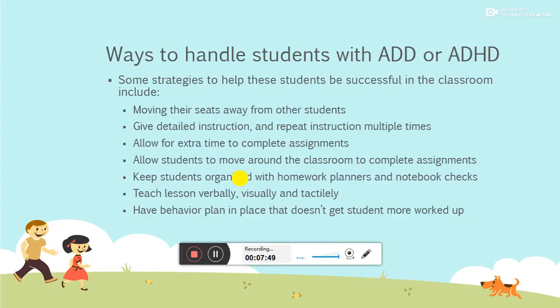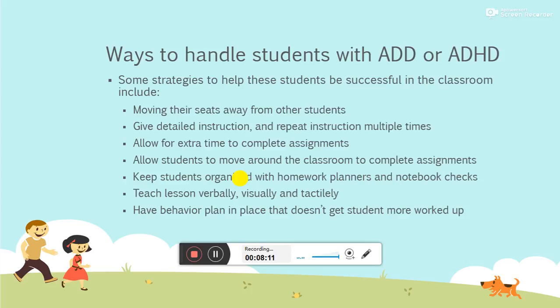So there's a couple of things that you can do to compensate for these issues. One thing is moving their desk away from other students so that they're not going to be distracted by other students and that other students won't be distracted by them. Give detailed instruction and repeat the instruction to ensure that they pick up on it.